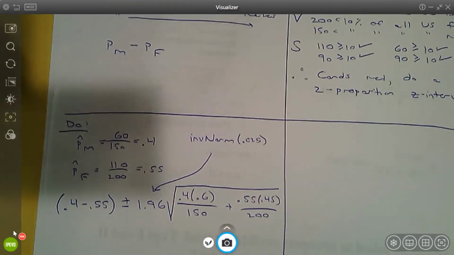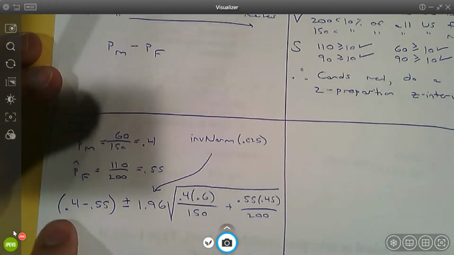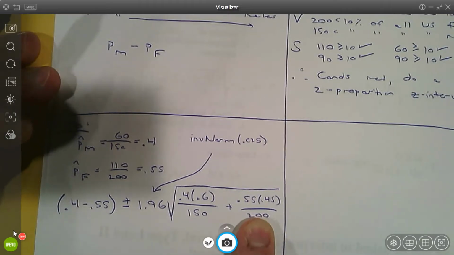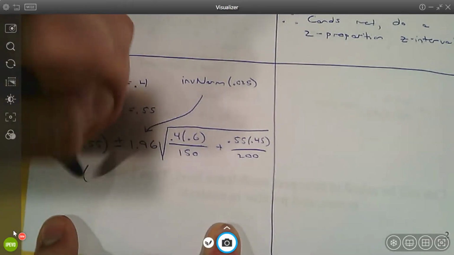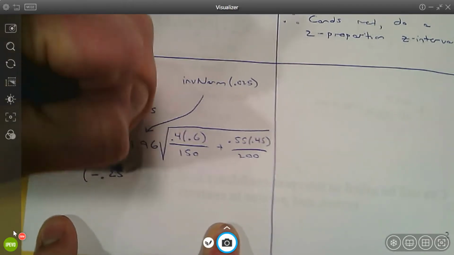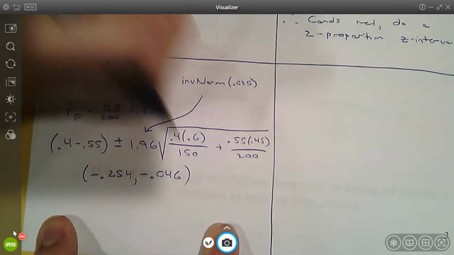At this point, I'd suggest just plugging this all in the calculator in one step. This minus the 1.96 times that, this plus the 1.96 times that. I would encourage you to pause the video here and plug it in and check back in and see what you get. So you end up with approximately negative 0.254 to negative 0.046.